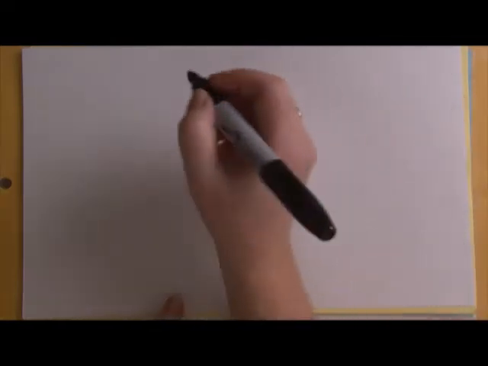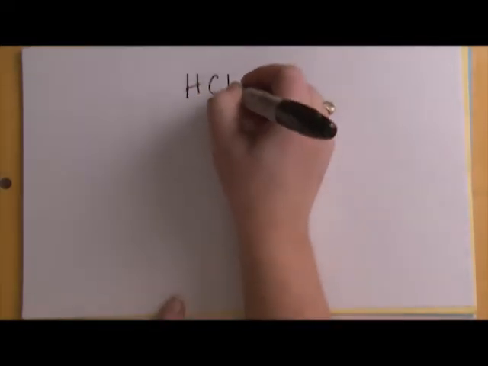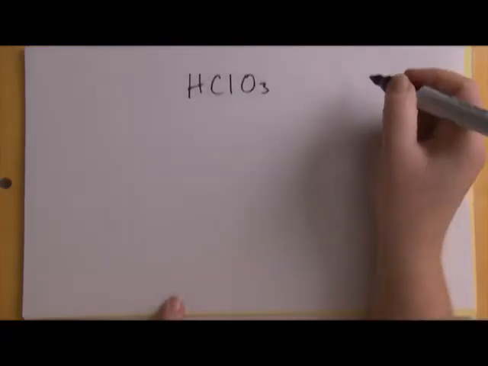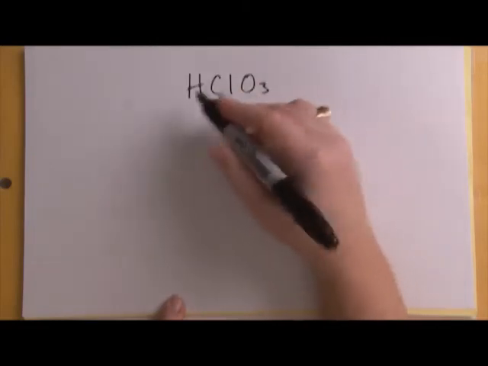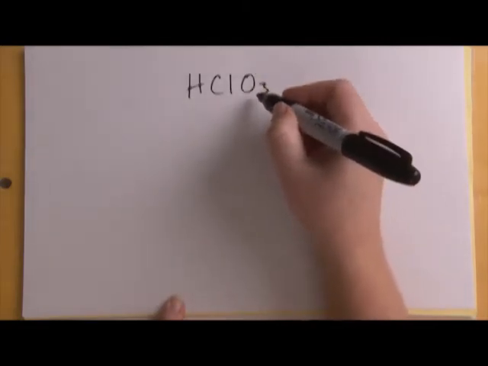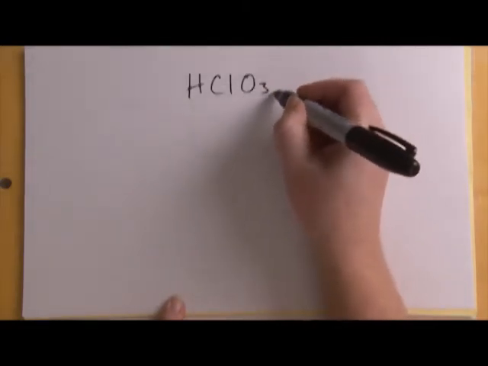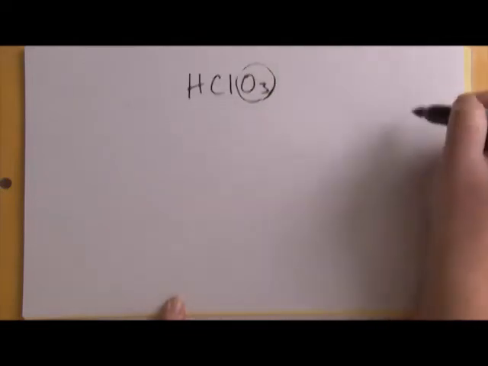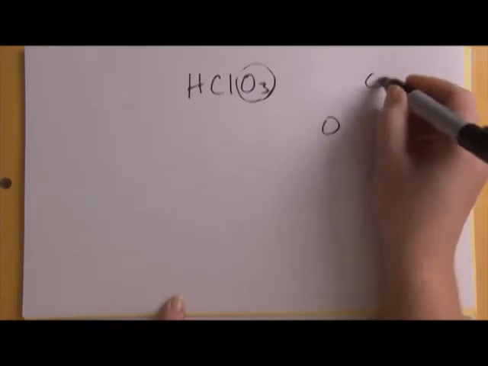Our next example, we're going to do something that's a little more complicated, not too much. We're going to do HClO3. So our first step is do a best guess on what's going to be our central. Now, I have 1 hydrogen, 1 chlorine, 3 oxygen. The 3 oxygen lends itself for those guys to be around the outside, like this.